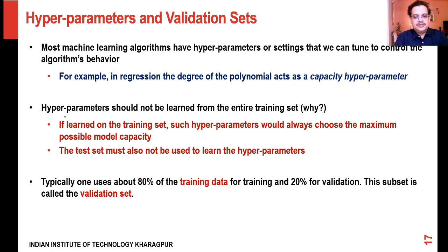To find out what is the optimal hyperparameter value, in this case let's say the degree of the polynomial, we again split the training data into two parts. Remember that the entire data was originally split into the training data and the test data. Now the training data is again split, maybe again 80-20, into the part that we use for learning hyperparameters and the remaining part which we use for training the model after we have chosen the hyperparameter.